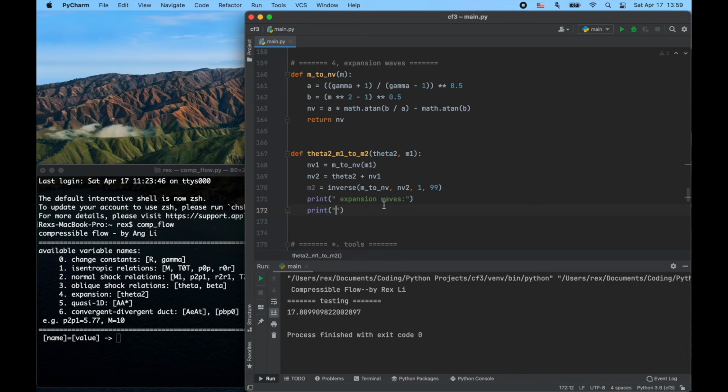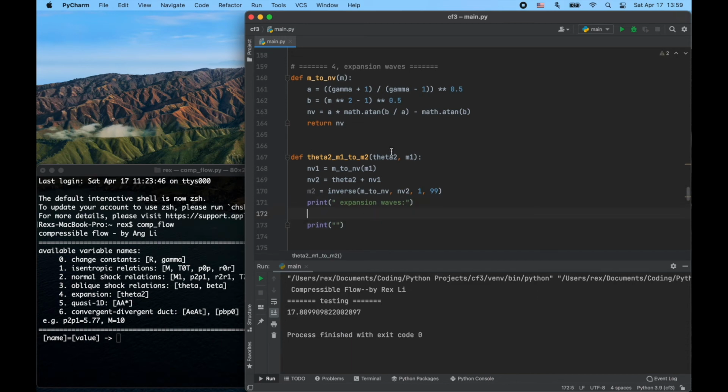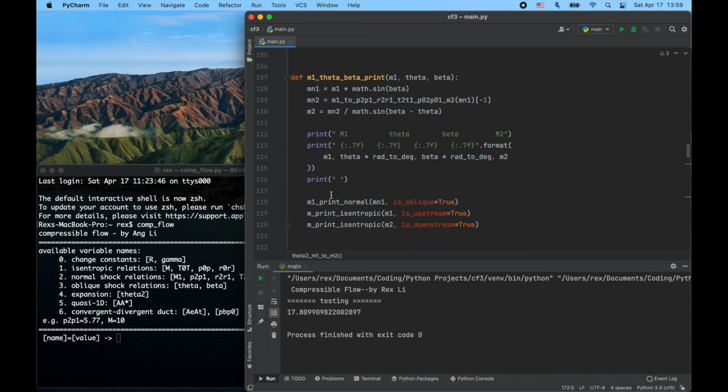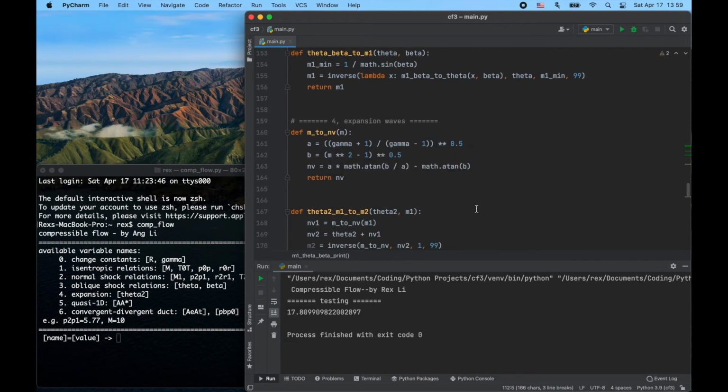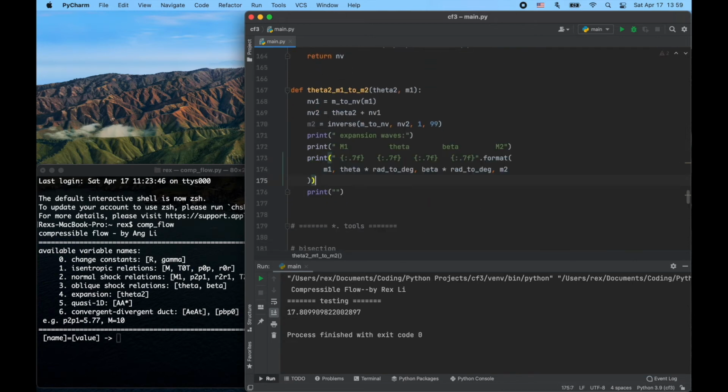And let's print out our variables: M1, nu 1, theta 2, nu 2, and Mach number 2.